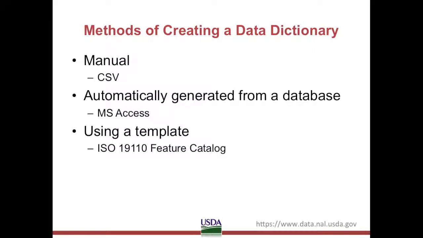And finally, many platforms offer templates to help users create data dictionaries. This is somewhat of a cross between manual and automatic, since the fields are already provided, but you need to fill them in. We'll look at what a template for ISO 19110 for geospatial data looks like, and the resulting feature catalog XML document it produces.